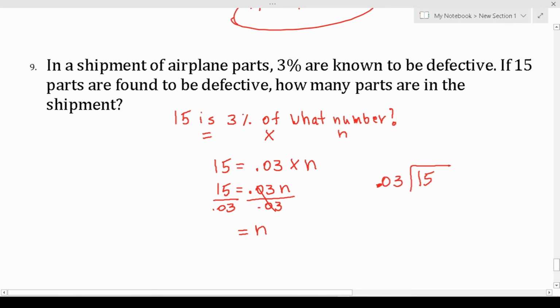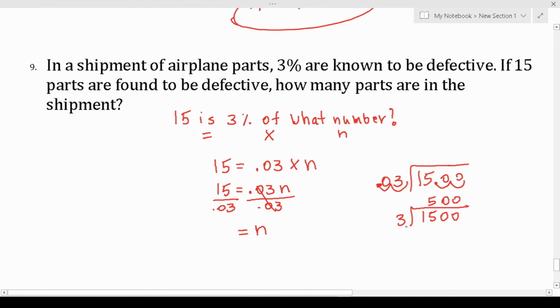In order to do this, we have to shift this decimal, which is outside the division bracket, so that it's a whole number. So it's going to be 1, 2 times to make 0.03 just 3. And we're going to shift this decimal inside the division bracket a corresponding number of times, 1, 2. So this, in other words, is the same as 1,500 divided by 3. 3 goes into 15 5 times, and just bring up these two zeros.